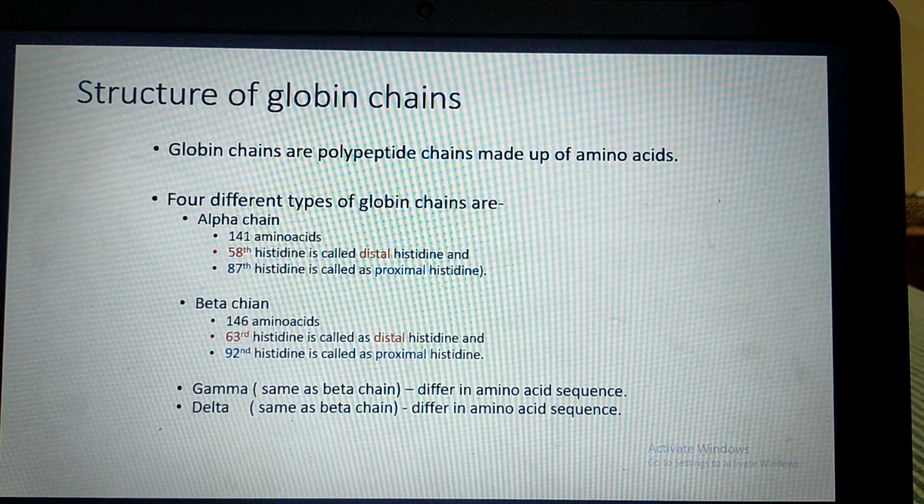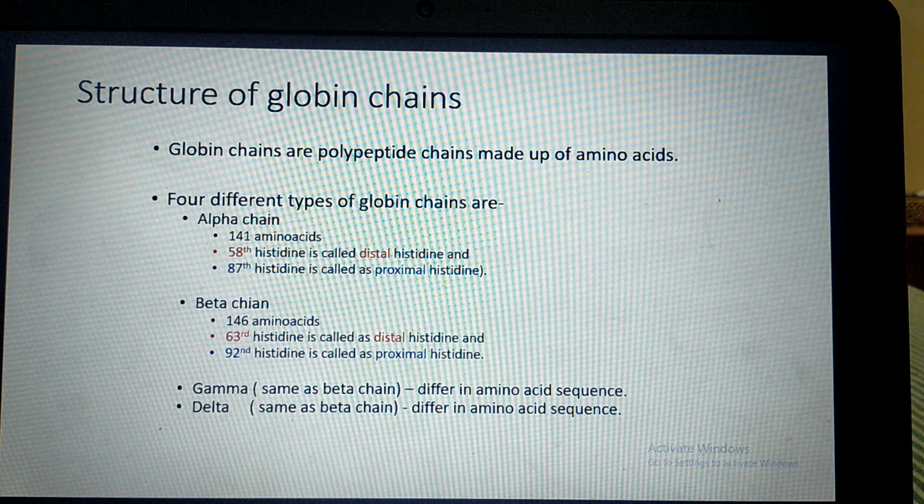Now, in alpha chain, the 58th position has distal histidine, and the 87th position has proximal histidine. These positions are numbered in the primary structure.